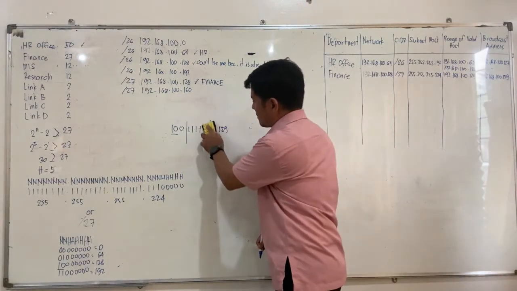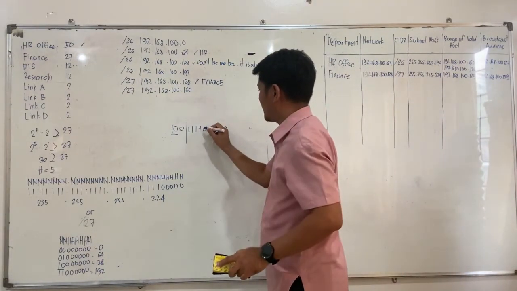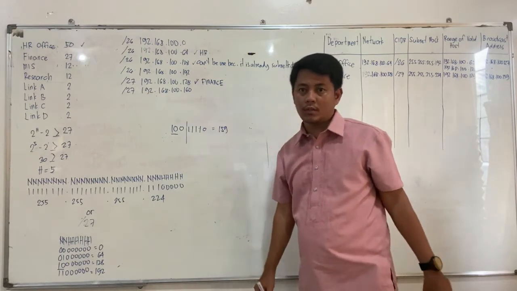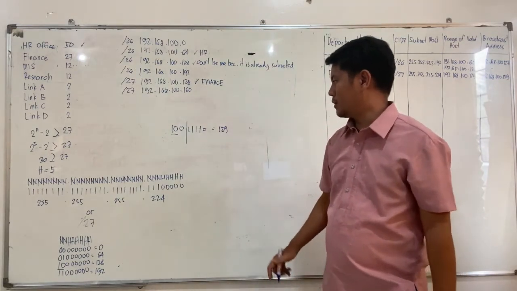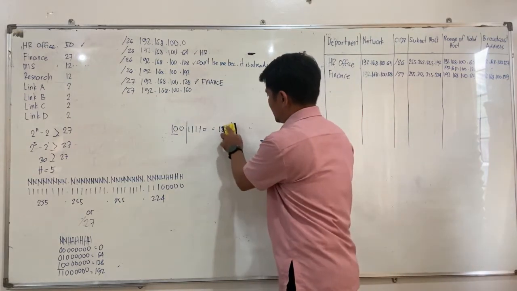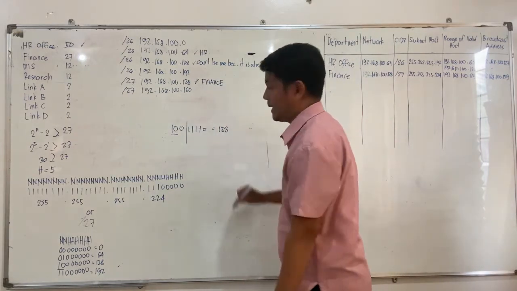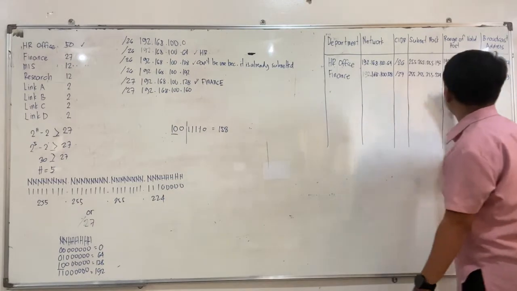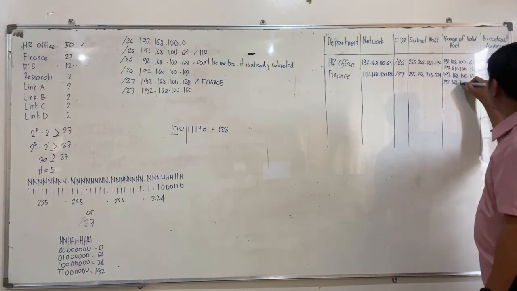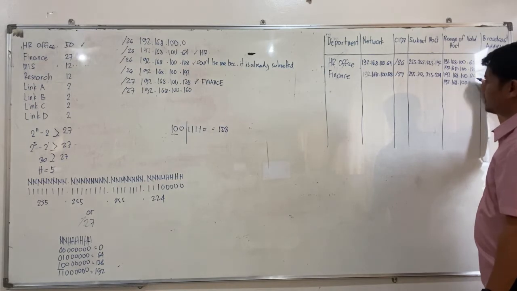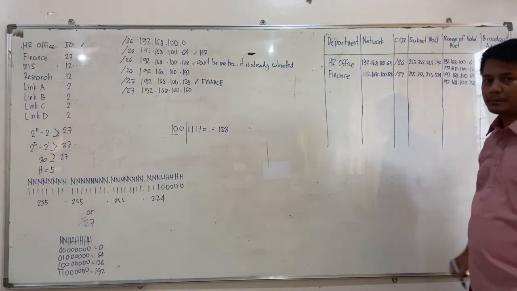Okay, our last valid host therefore is not turning all host bits to all 0. We retain the least significant bit as 0. So therefore this is equivalent to 158. Okay? 192.168.100.158.